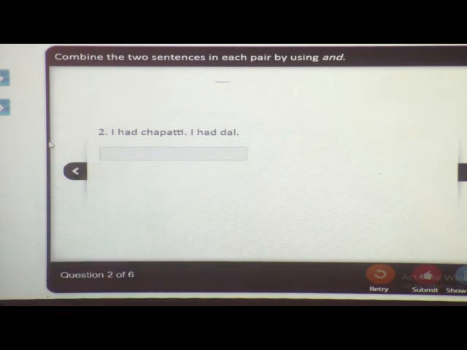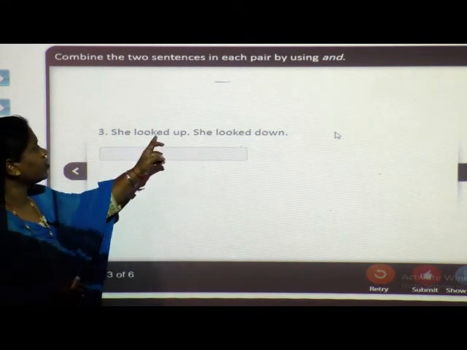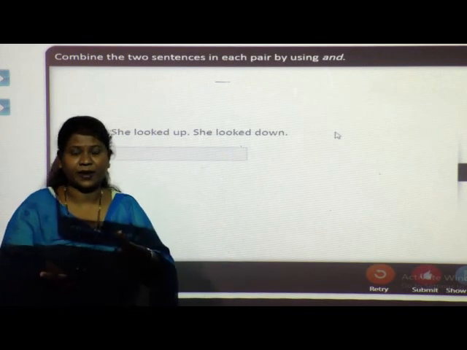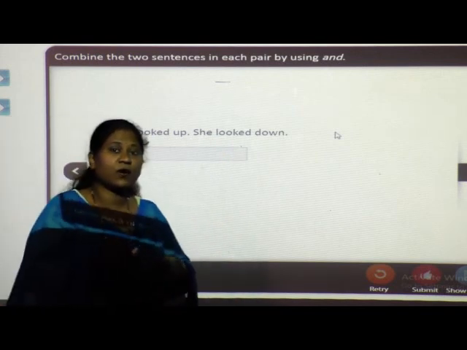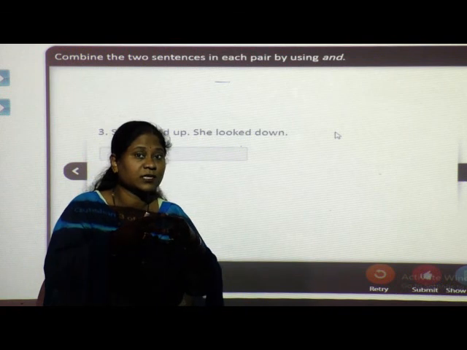The next one, third one, she looked up, she looked down. So children, here she looked is repeated. So instead of that, what do we have to use to join the two words?